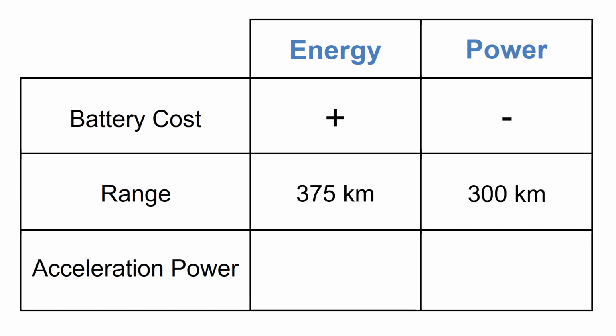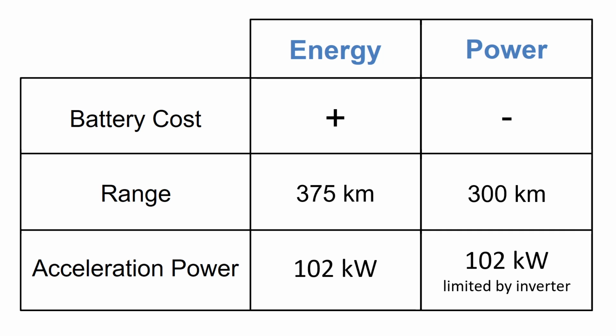The driving range with the energy optimized battery is 375 km, while the power optimized battery has just a 300 km range. 300 km is according to requirement, but of course 375 km is better for the user. Battery power is one of the advantages of the power optimized battery, but the increased battery power can't be used unless the drive system is resized.